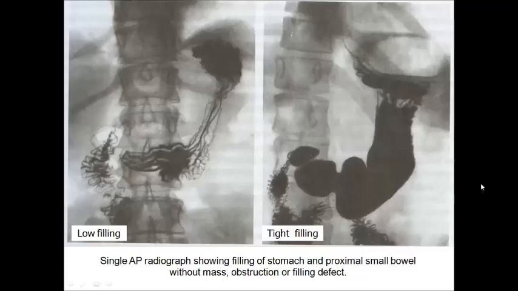Here is an X-ray film, plain X-ray film of stomach at tight filling and at low filling. Let's repeat that tight filling is for evaluation of size and localization of the organ and of its contours, and low filling is for estimation of mucosal relief.